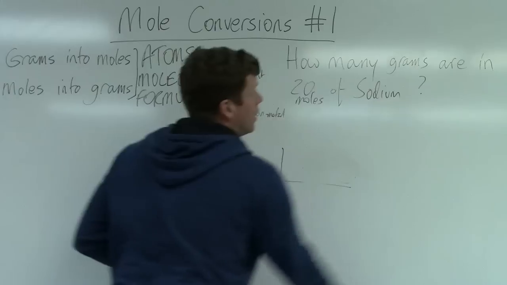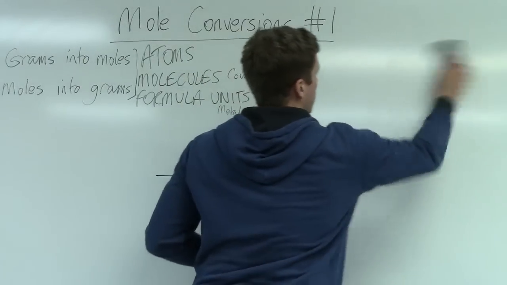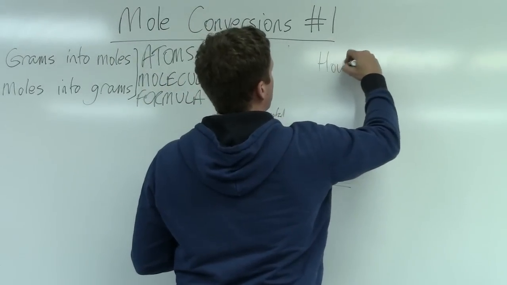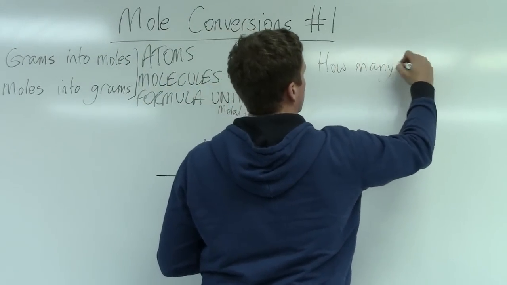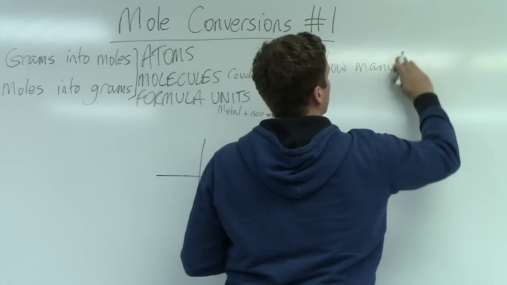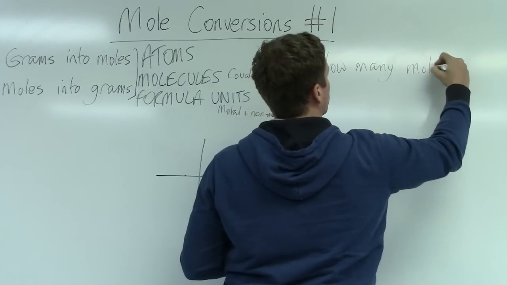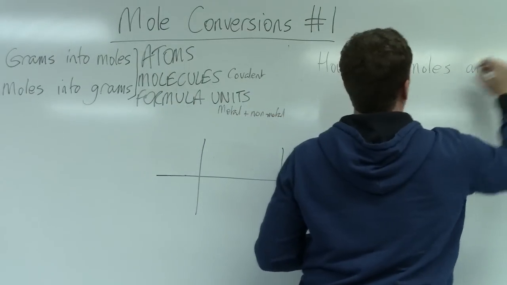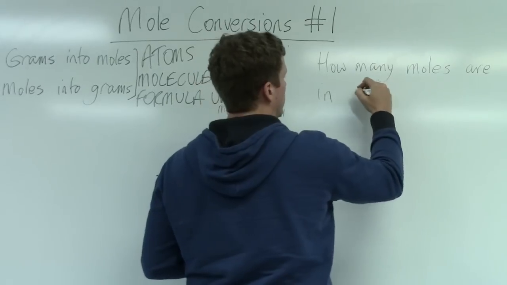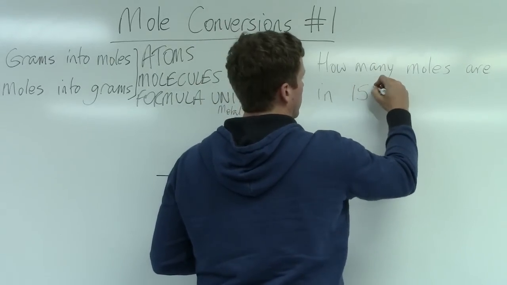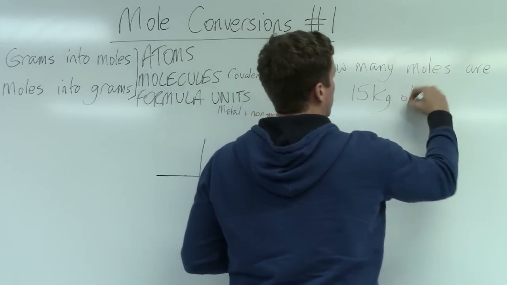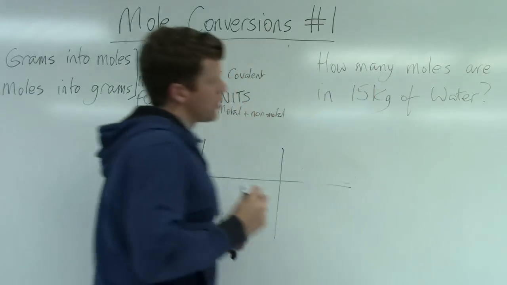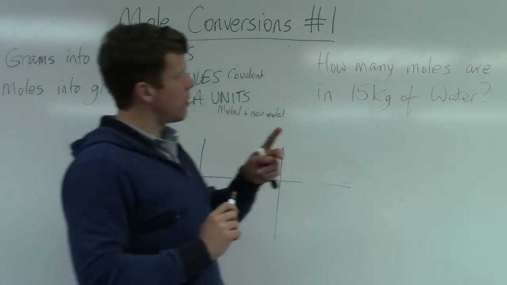So this time we're going to reword this problem, and we're going to start with how many moles are in a given number of kilograms of water. So this time we've got 2 jobs that we need to do.